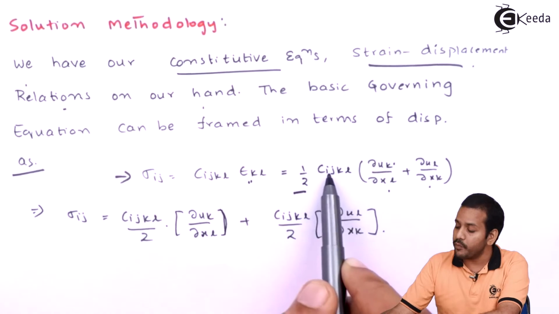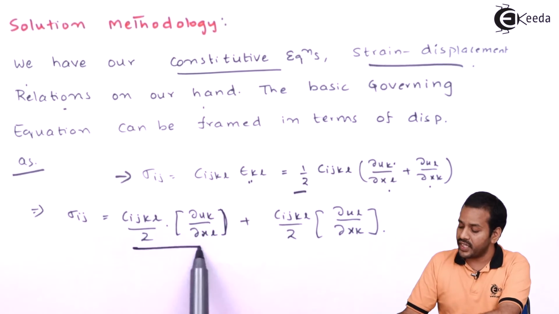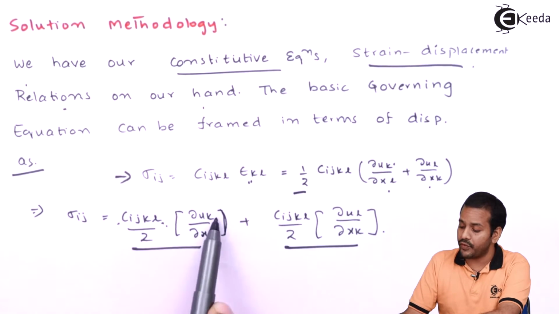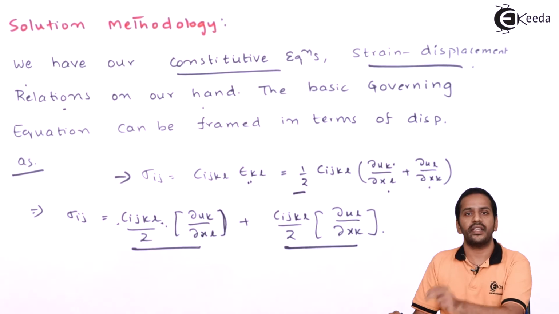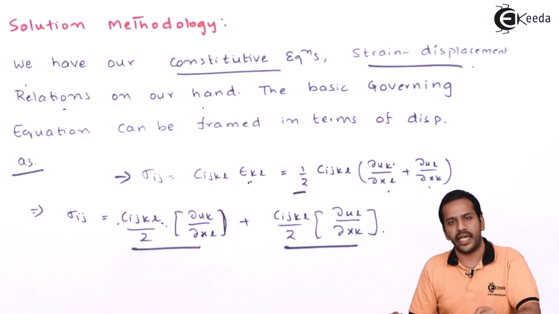Now if you multiply C ijkl with these components independently, these components will turn out to be the same, because C ijkl is symmetric in k and l as well. That is, if I change l with k and k with l, my C will remain as it is.